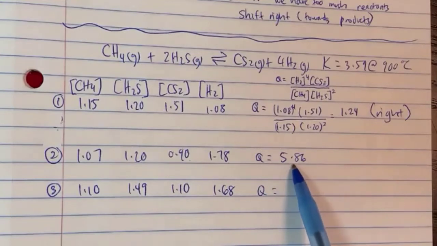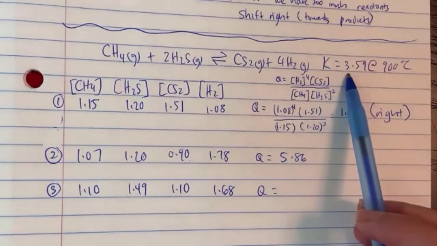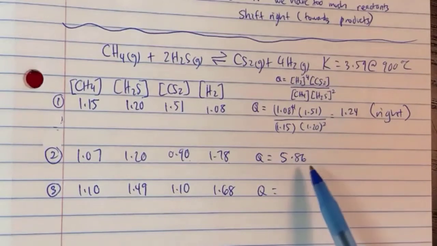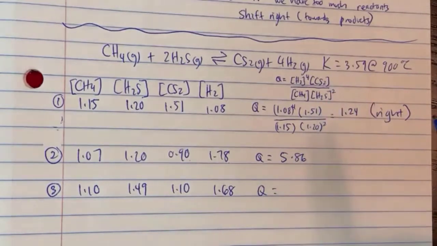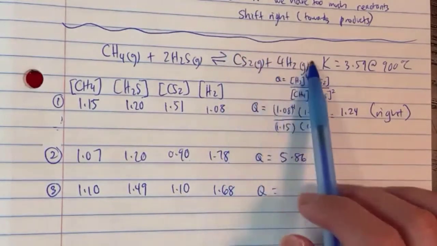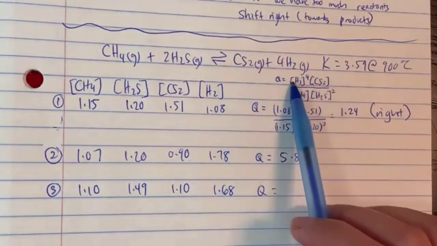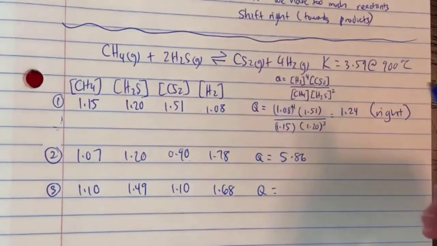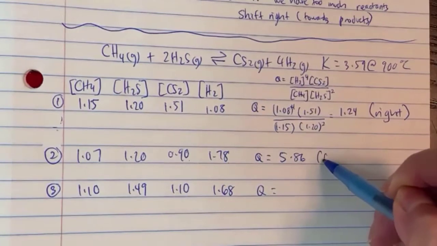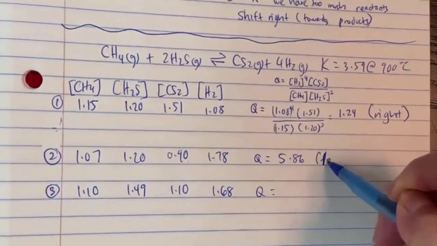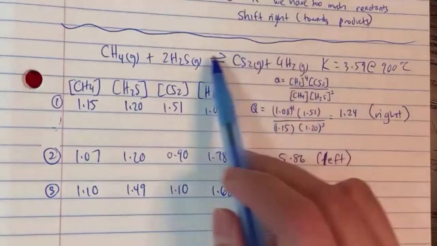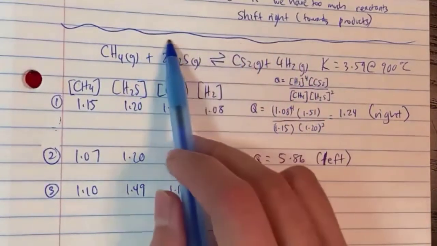Q is now bigger than K. So now you have the opposite problem. Earlier it was smaller, right? Now it's bigger. So if it's bigger, that means you have too much of your products on the product side, the top stuff. Too much of the H2 and CS2. So reaction is going to have to shift towards the left side. To reduce this and make more of that, it's going to go to the left.